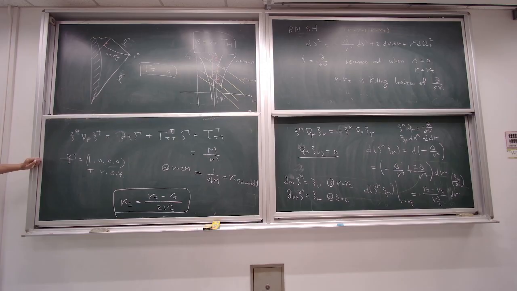Maybe that's the reason why I need to do del T del T. Maybe you're right. Maybe that's the reason why we have to use Eddington-Finkelstein coordinates.